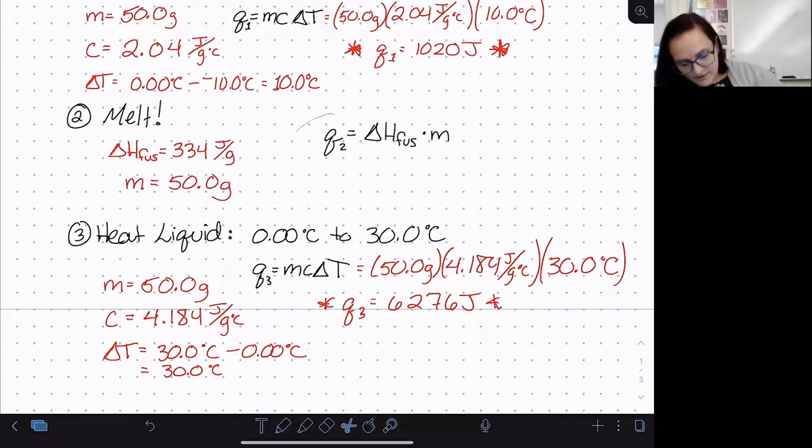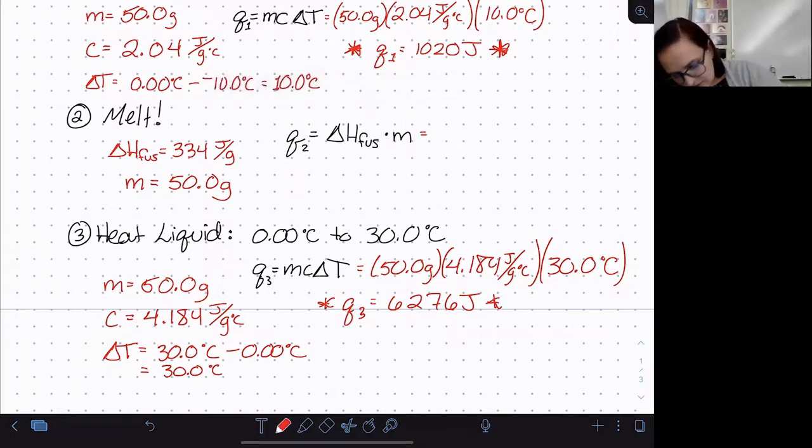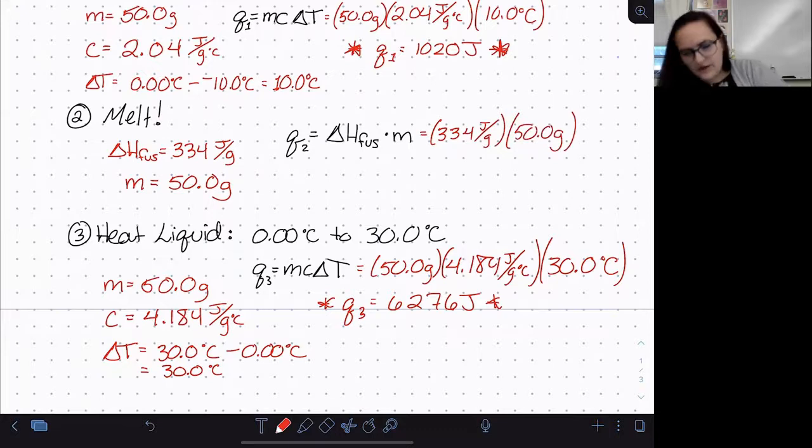So all we need to do here is take our heat of fusion, 334 joules per gram, and multiply by the mass in grams, which gets us a value of 16,700 joules.